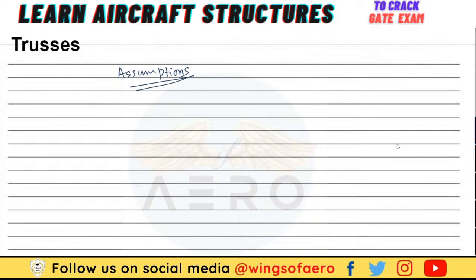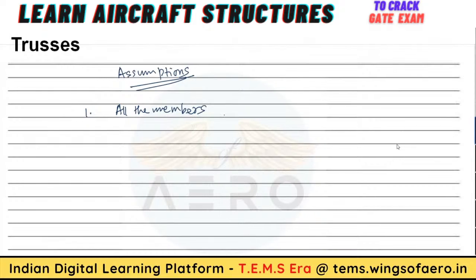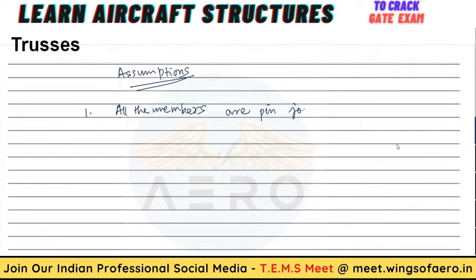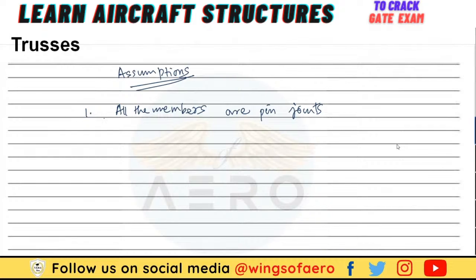Now it is having certain assumptions, on how truss problems are proceeded. The first and foremost is all the members are pin joints. Pin joints are hinged, that you can consider.